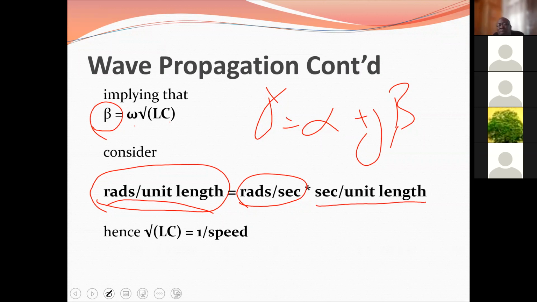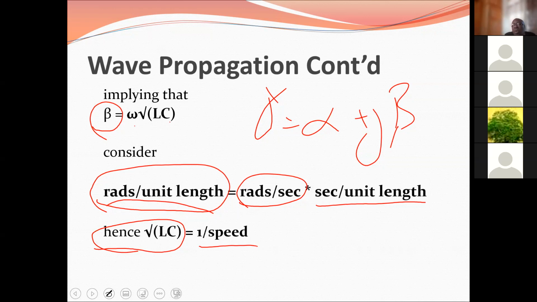But we know length over time. Length over time is speed. So what this is saying to us is that the square root of LC is equal to 1 over the speed, or the reciprocal of the speed.